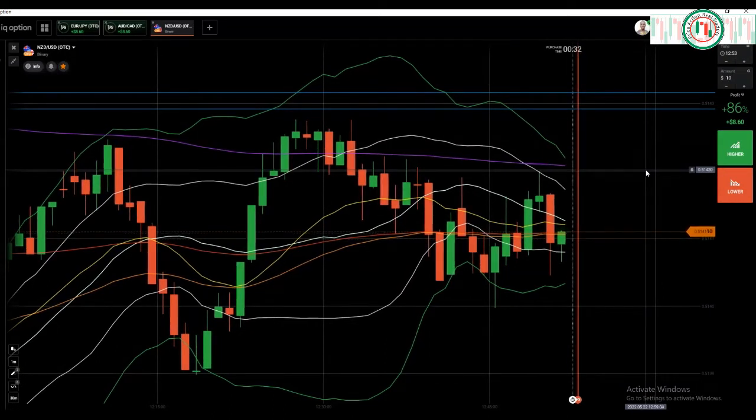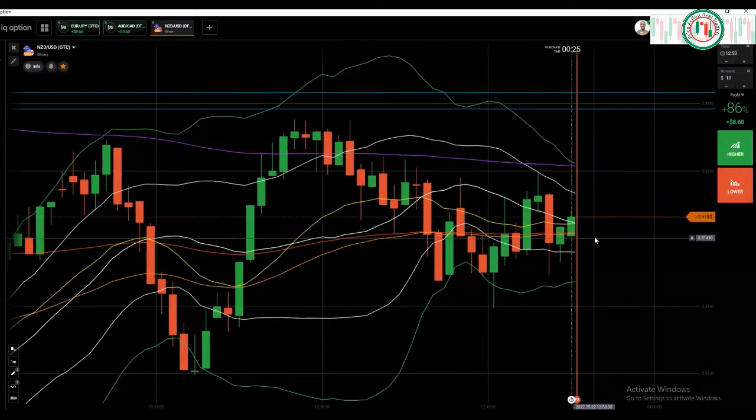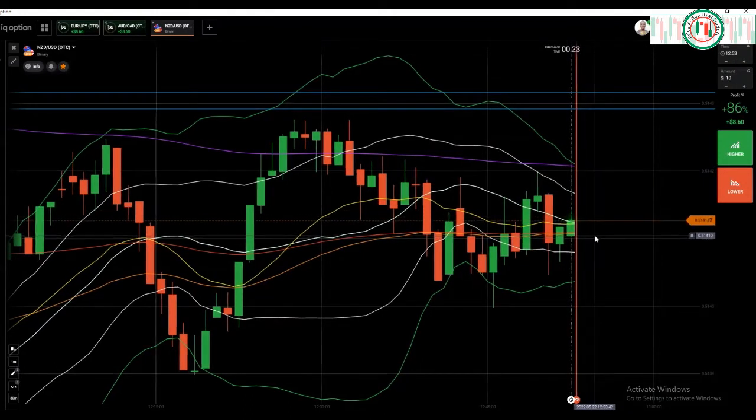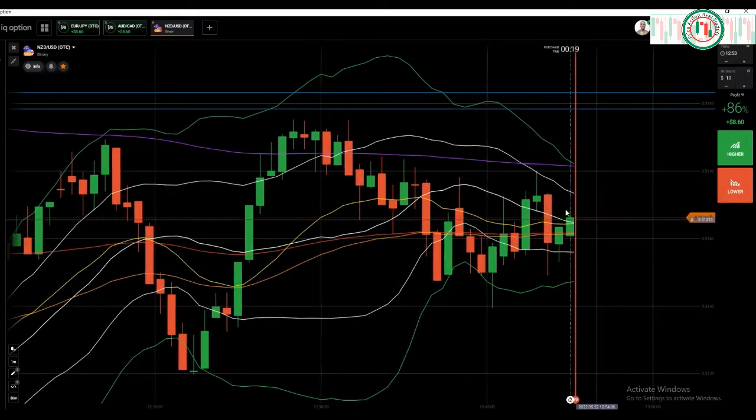So the market is reversing. Yes, but you see gap down. So let's wait. But here is a level.